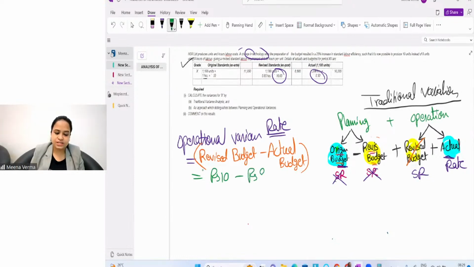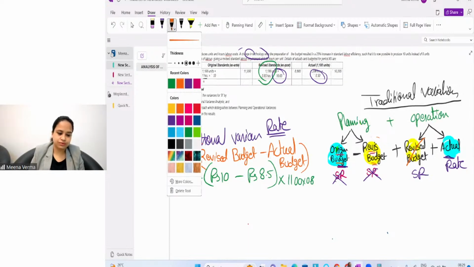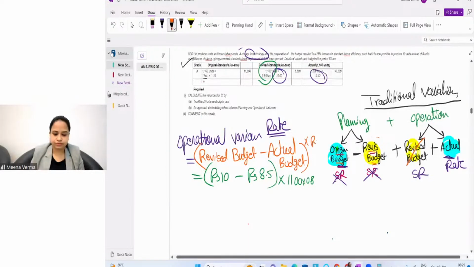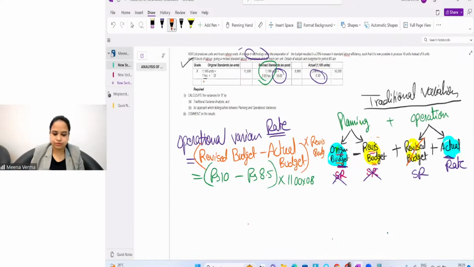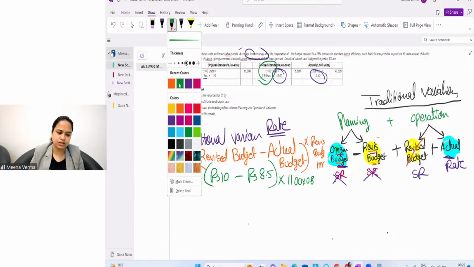Actual rate is rupees 8.5. Okay. Into the revised budgeted hour, which is what? Revised budgeted hour is this. Right, into revised budgeted hour, just consider it, you will solve it, you will get the answer.